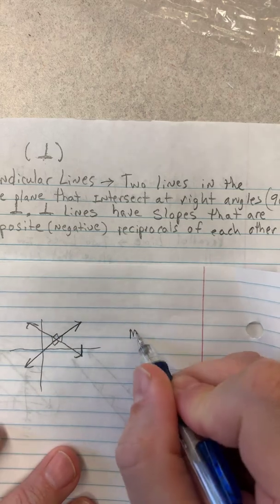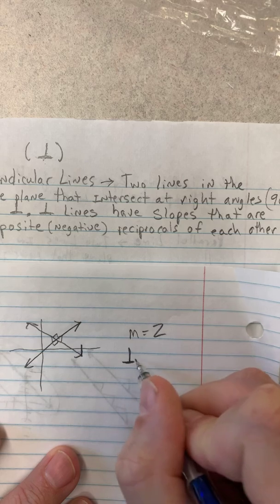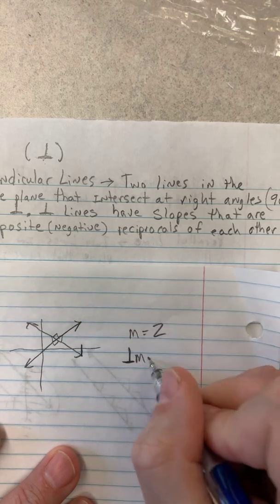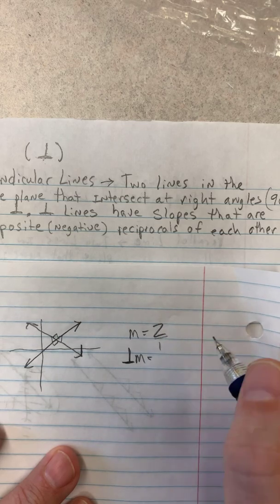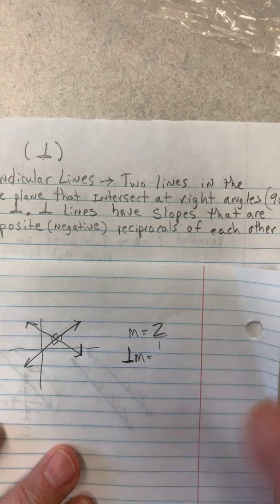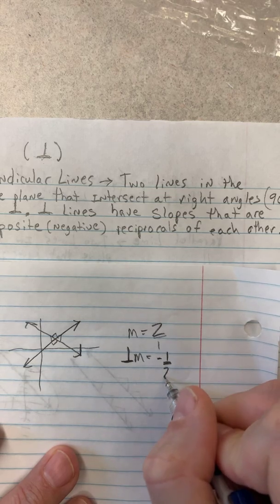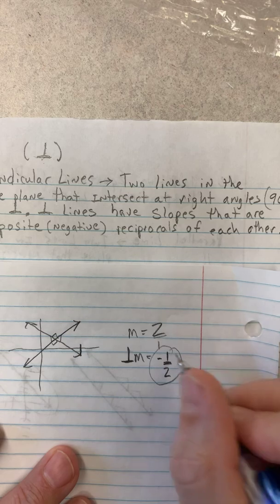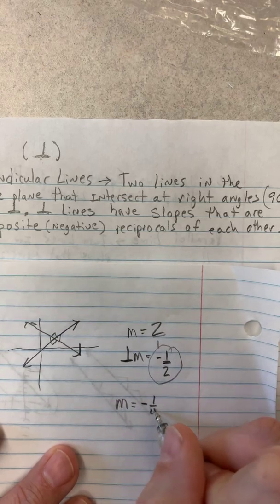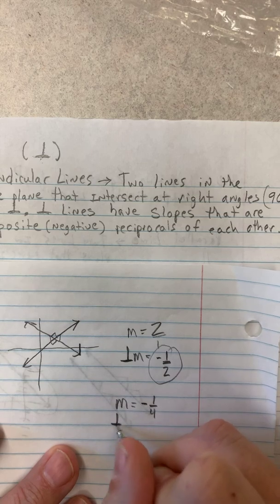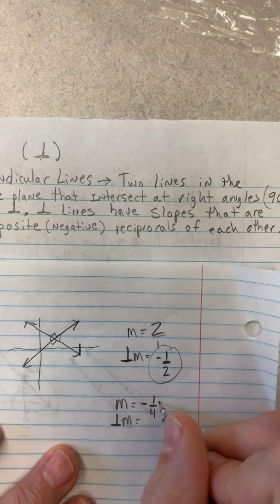So if I have something that has a slope of 2, the perpendicular slope would be the opposite reciprocal of 2. Remember, that's 2 over 1. I flip it and make it negative. The opposite reciprocal of 2 is negative 1/2. If I have a slope that is negative 1/4, and I want to know the slope of the line that's perpendicular to it, I take the opposite reciprocal.